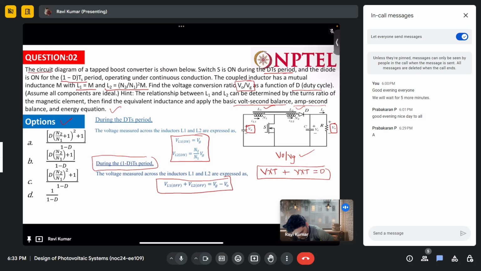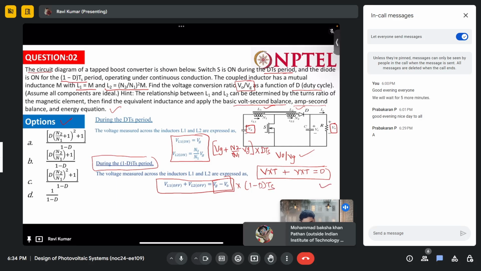Just add them: Vg plus N2 by N1 into Vg, and the addition of this is Vg minus V naught. Multiply this with DTs, multiply this by 1 minus D Ts, and add both the equations and put equals to 0.